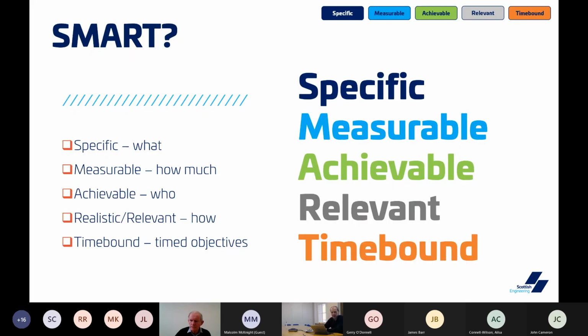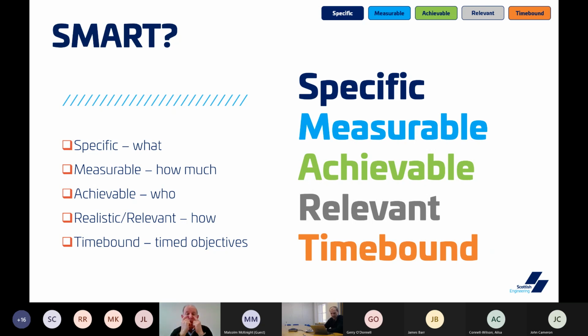What is SMART? I've talked a lot about SMART over the last few webinars, and it's about specificity, being specific, and that's the what; measurable, and that's how much; achievable, and that's who in your organization can deliver on it. Who do you need as a team?